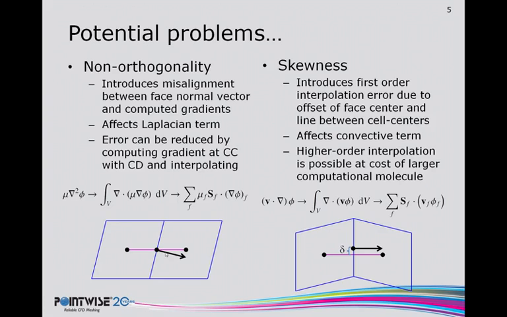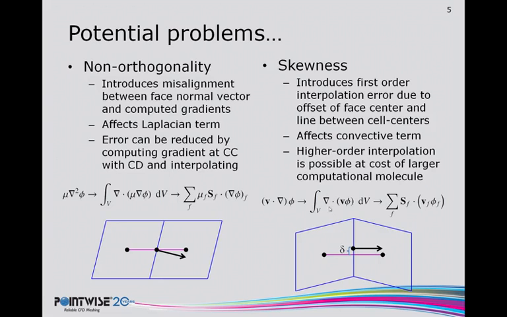Now skewness, on the other hand, arises primarily from an interpolation error, and again I'm only talking about the lowest order methods here, where you're computing the face value advected across this flux by using the interpolation between these adjacent cell centers.